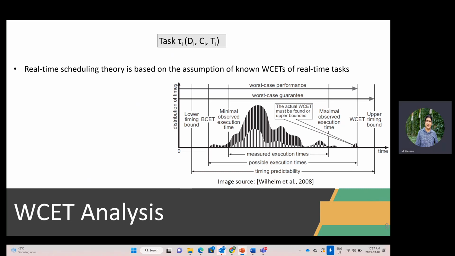The good thing is that you don't really need to analyze every single instance. You might be able to use different methods. What I'm looking for from a real-time perspective is not to say that at this moment, or with this input set, my execution time is some milliseconds. What I care about most is that, in the worst case, my worst case execution time will never exceed, for example, 2 milliseconds.